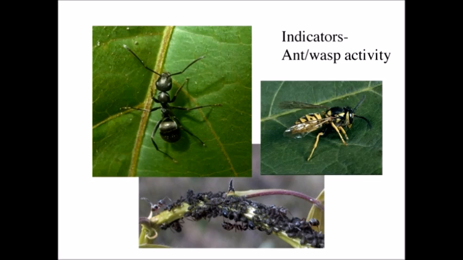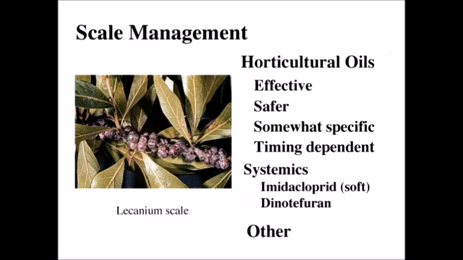I've also seen yellow jackets, for example, visiting shrubs that have lots of honeydew and scale insects. Of course, be careful that there's not actually a yellow jacket nest inside that shrub. So these can be indicators of a scale or even an aphid problem.